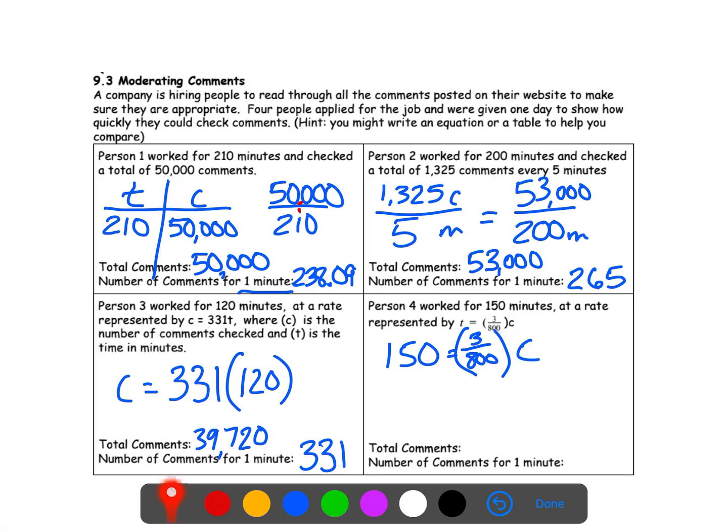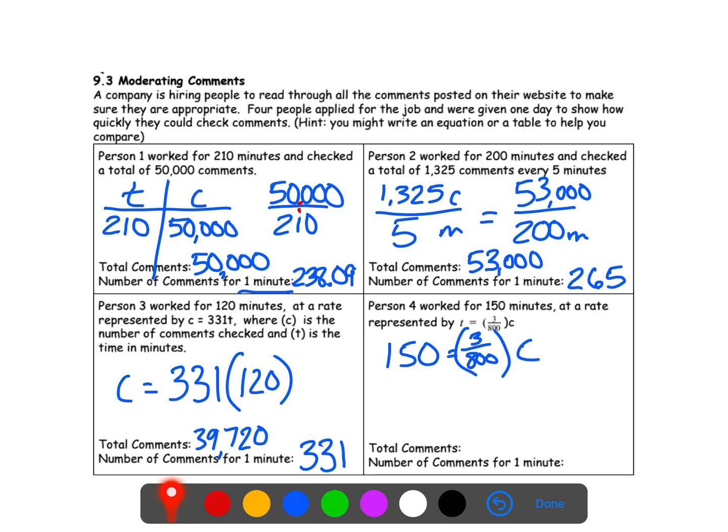So let's think about this for a second. This is also a constant of proportionality, but because the variables have switched places, what this constant of proportionality is telling me is the time it took to check one comment, not how many comments could be checked in 1 minute.